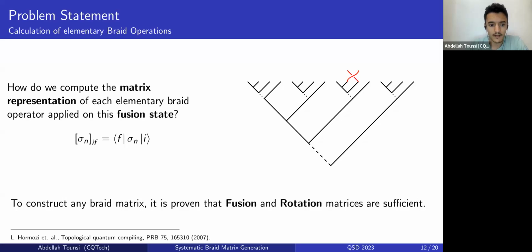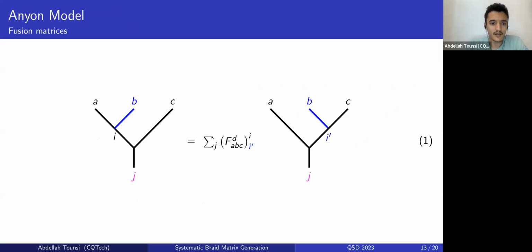Luckily, it is proven that fusion and rotation matrices are sufficient to do such tasks. So what are such things? First, fusion matrices are basis transformations between different fusion orders, given three anyons, like we see in this diagram.